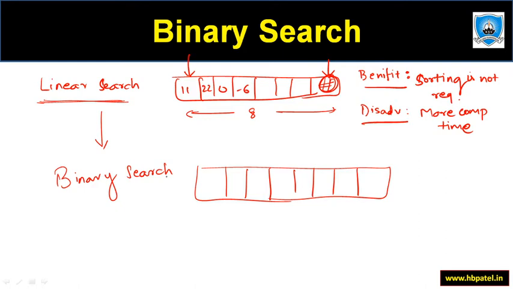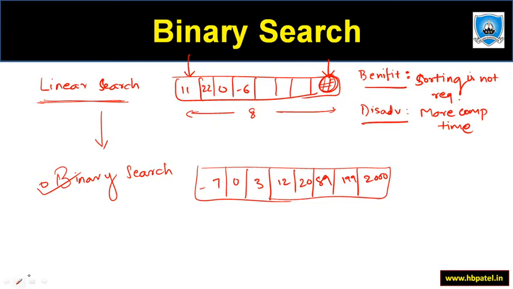So binary search works if the elements are already in sorted order, like -7, 0, 3, 12, 15, 20, 89, 199 and 2000. You can see this is a sorted array, a sorted list. If this is the case, binary search is applicable. For random numbers, in an unsorted way, binary search is not applicable.